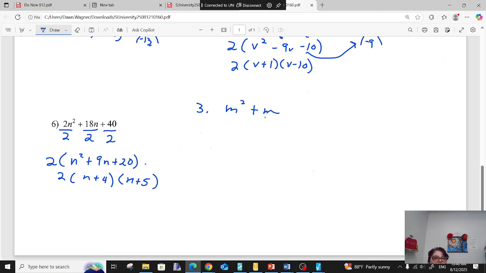And when you're pulling out the greatest common factor, you use the lowest exponent. So you're going to divide by m. M comes out in front. M goes into m squared. 2 minus 1 is 1, so that's just m. Plus m divided by m is 1.